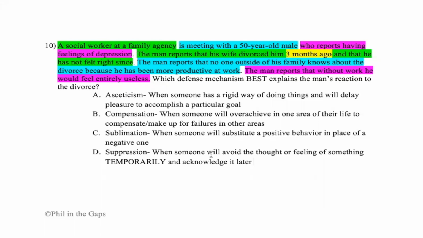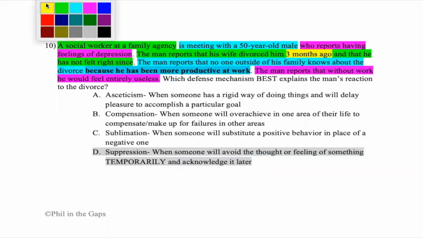So right off the bat, we're going to rule out D. Why? Because nowhere does it state that he's avoiding the thought or feeling of something temporarily and then acknowledging it later. He states that he got divorced 3 months ago. He's not felt right since, and he has feelings of depression, and that he's been more productive at work.